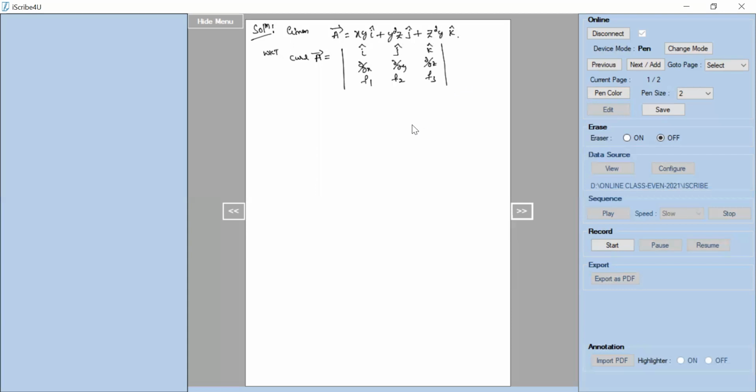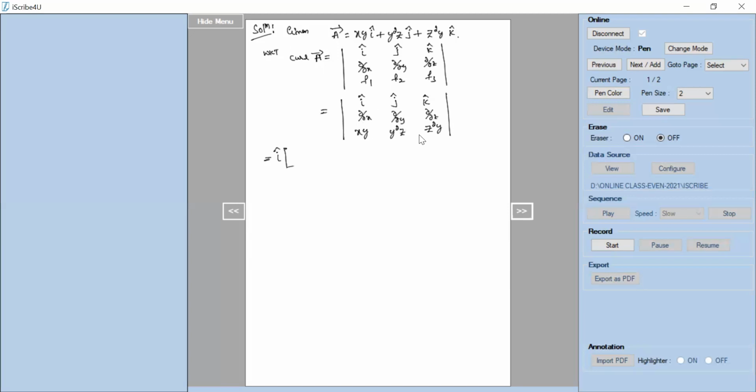So let us substitute. This is equal to the determinant of i, j, k, ∂/∂x, ∂/∂y, ∂/∂z, f1 which is xy, f2 which is y square z, and f3 which is z square y. So let us expand this determinant. This i cap into, so just leave this column, leave this row.